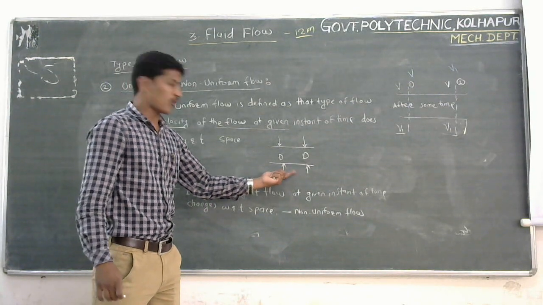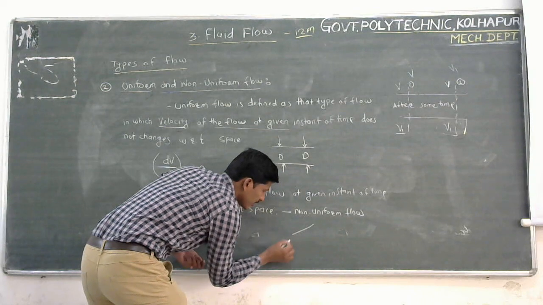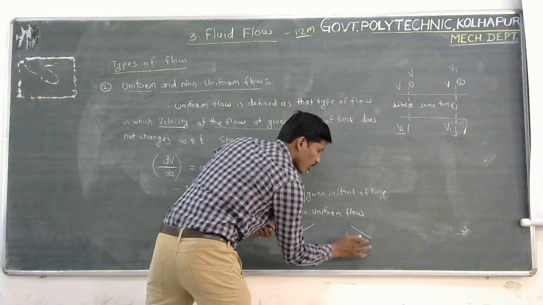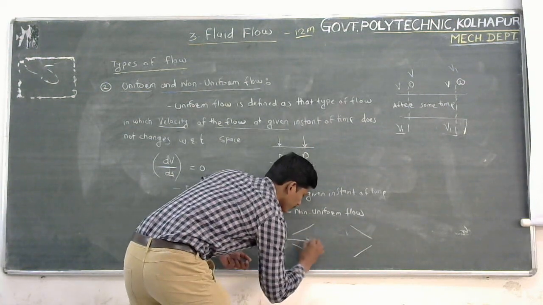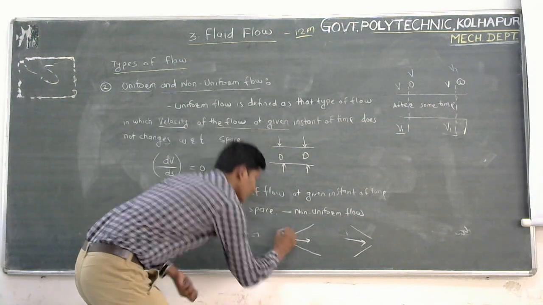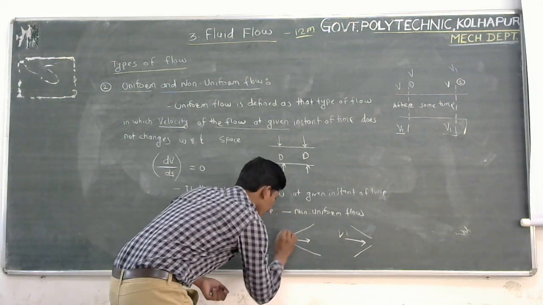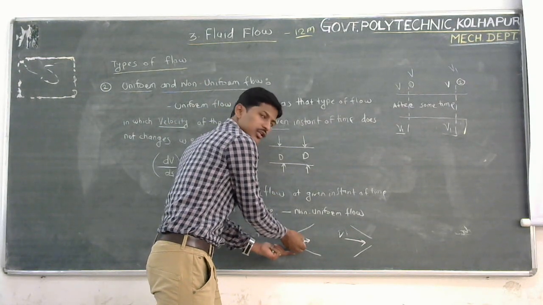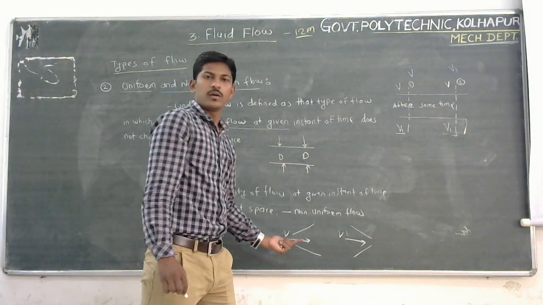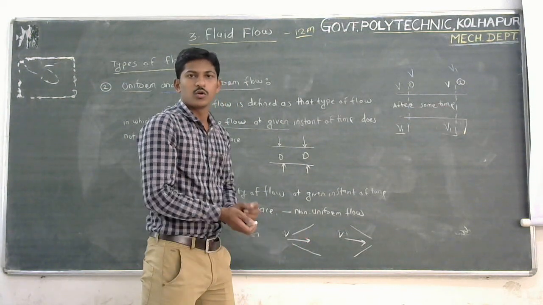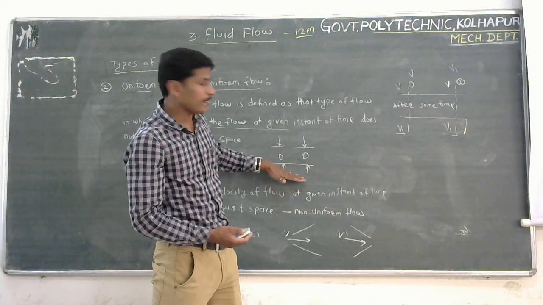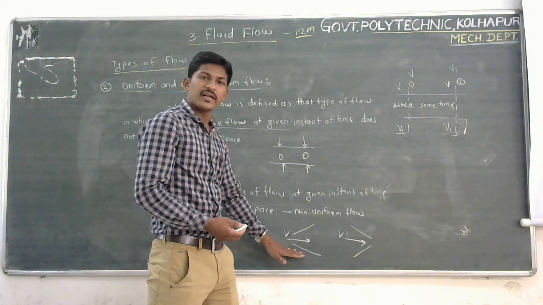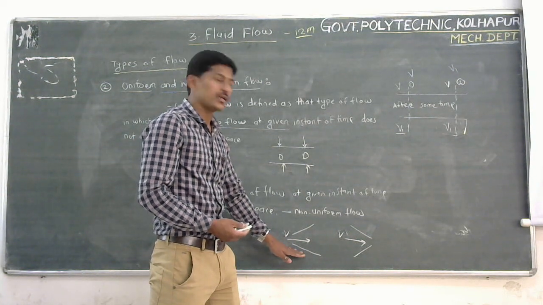But if the diameter of the pipe is gradually increasing or decreasing, then the velocity of flow from point to point will be different. At this point the velocity will be different, and at that point it will be different. So here the flow will be non-uniform. So flow of fluid through a constant diameter pipe is an example of uniform flow, and flow through a varying diameter or tapered pipe is non-uniform.